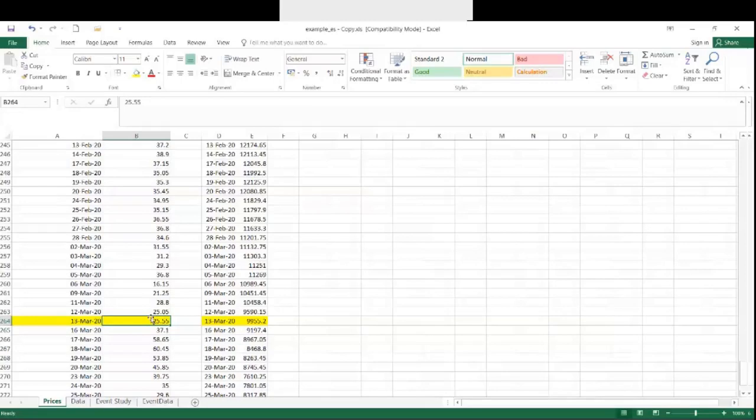Why this is important in a larger context is because if you use that value and multiply it with the number of shares, the overall value will tell you how much value was lost with respect to that stock and from the market if there is a sudden negative reaction, or how much value was created in the market, even if it is in the short run, with respect to this information.